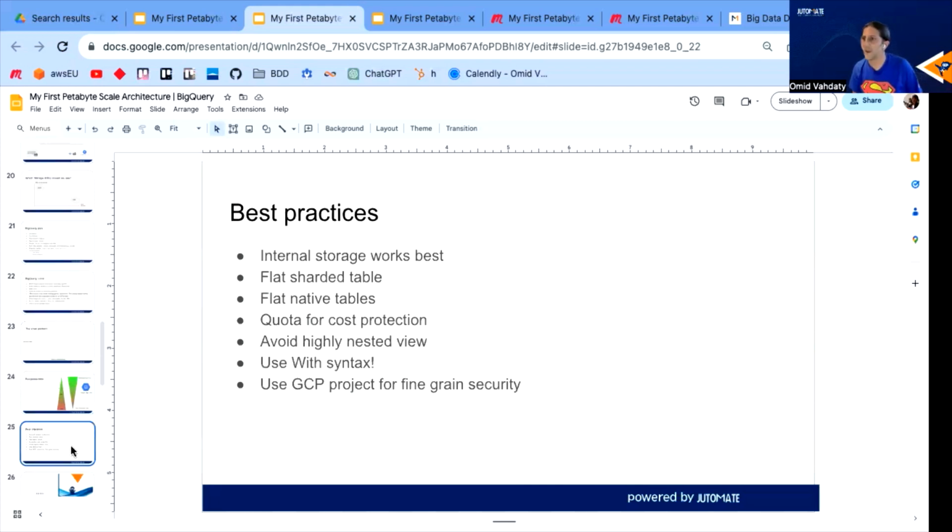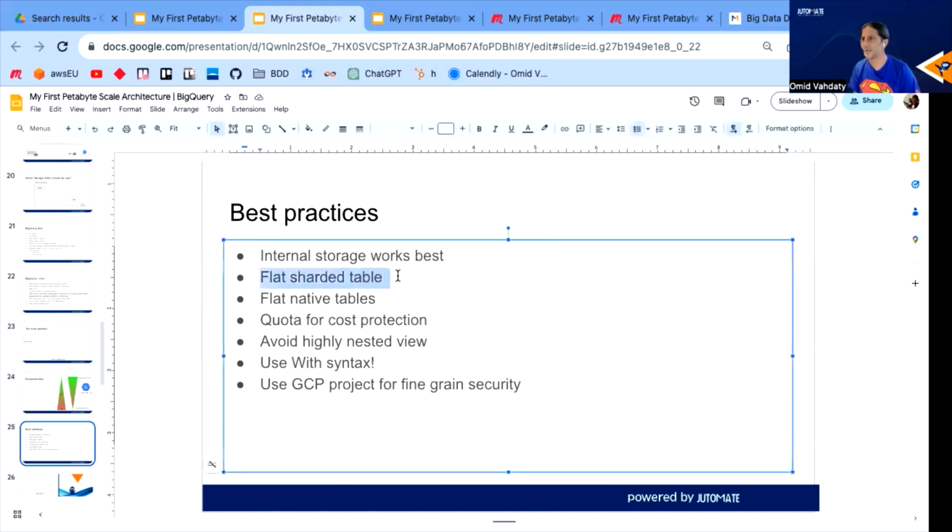In terms of best practices, unless you have an advanced understanding of how BigQuery works, use internal storage, it will work best for you. Use flat sharded tables or flat naive tables. Use quota protection for your cost consciousness to avoid unexpected billing issues. Avoid highly nested views.